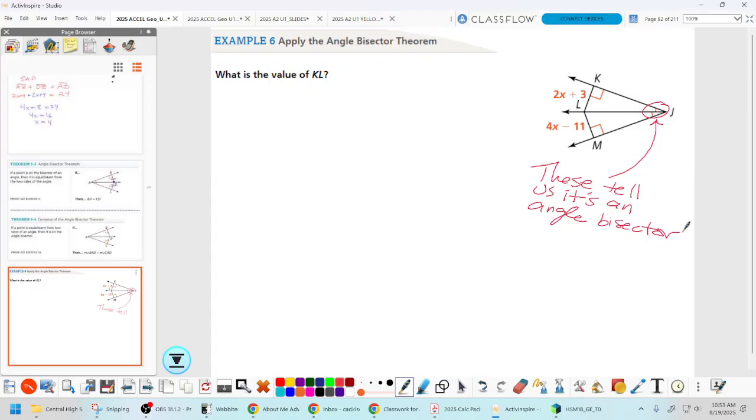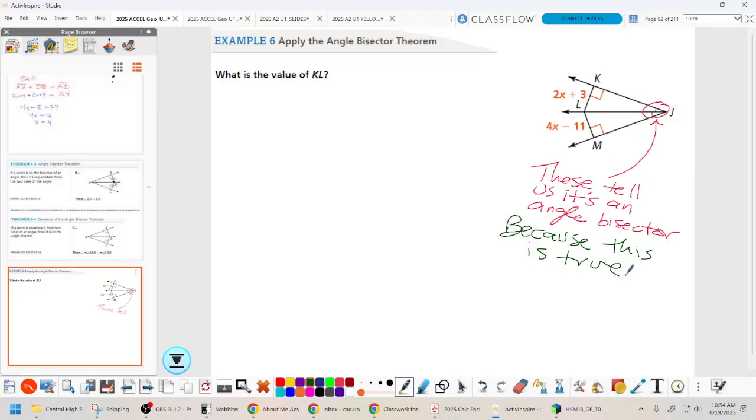Okay? So then to solve, because that is true, what else is true? I want you to think through the logic process. Because this is true, what else is true that would allow us to solve?